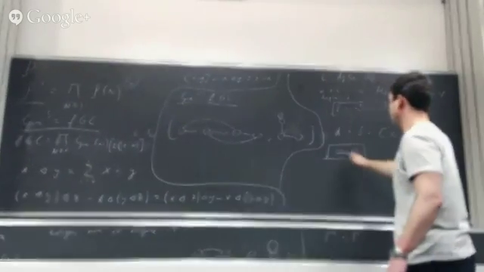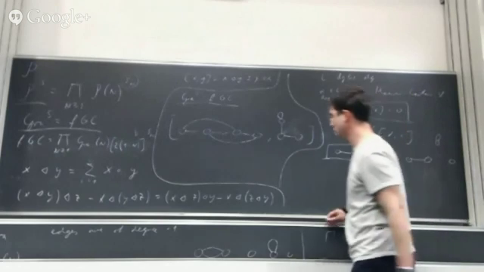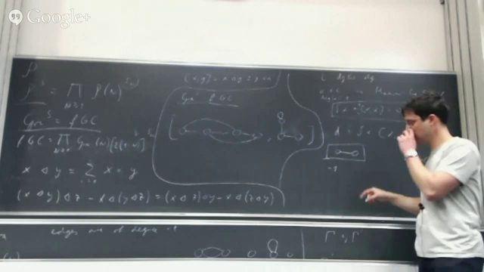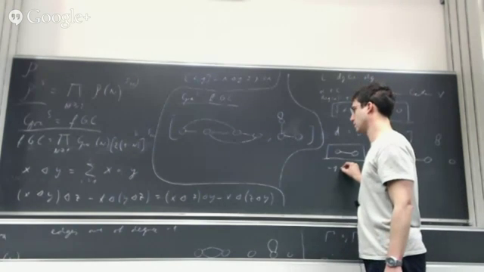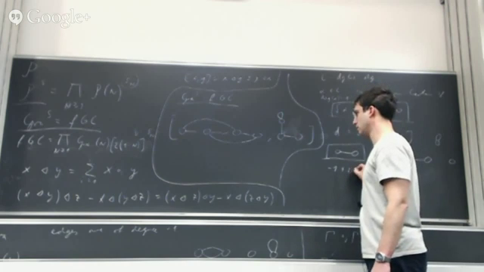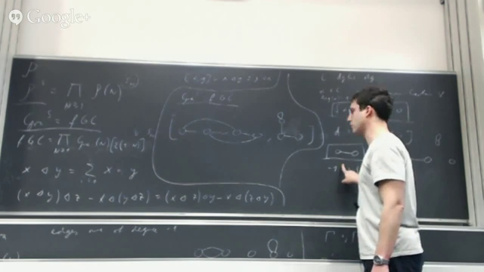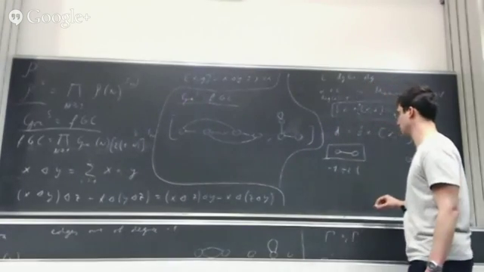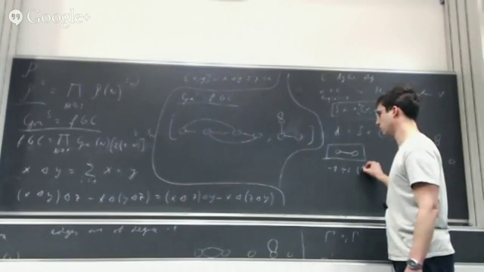Therefore, the degree of this is minus 1 from the edge plus 2. Actually, if I'm shifting, then it's minus 2, 1 minus 2.